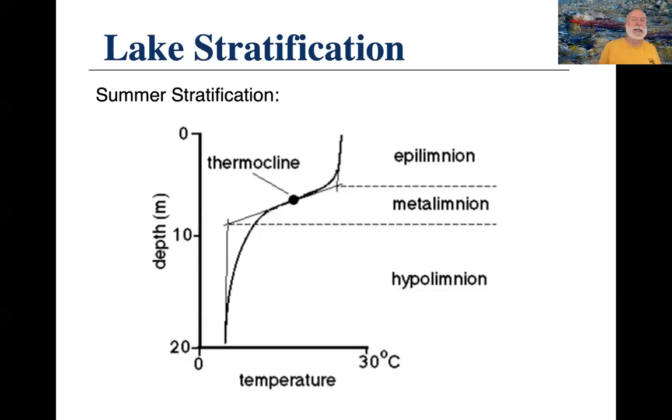So this at least is ideally what we will see in lakes during the middle of summer. So in the summer, we find a distinct epilimnion, a metalimnion, and a hypolimnion, and this one depth where we have a thermocline running through the lake.